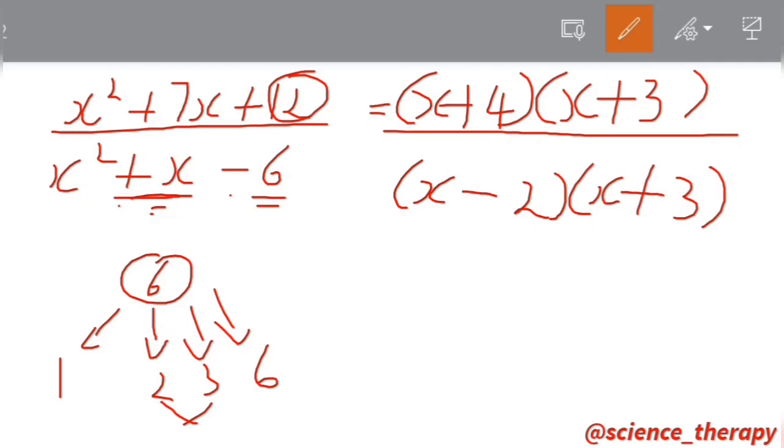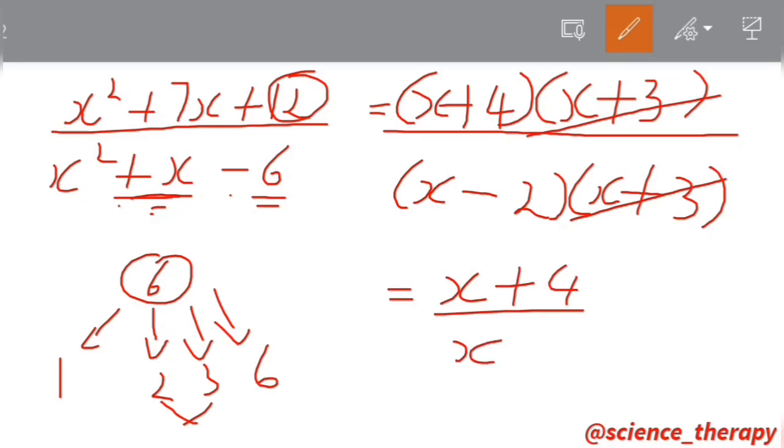Then this one is minus. Do we have a common factor in the numerator and denominator? Yes, we do. So divide out. And now our solution is x plus 4 over x minus 2.